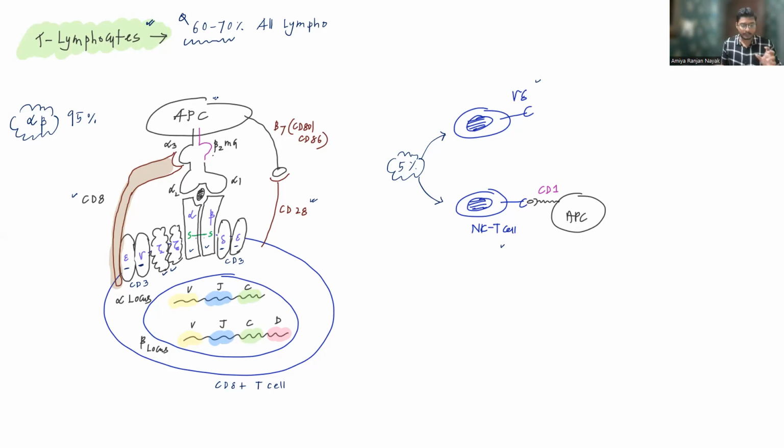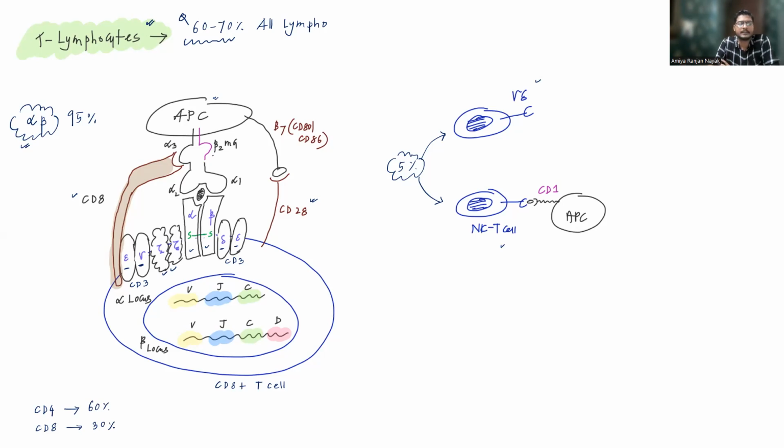And if you differentiate the CD4 and CD8 T cells, out of this 95% of alpha beta T cells, CD4 T cells are around 60% and CD8 positive T cells are around 30 to 35%. So 95% of the T cells in the peripheral circulation have alpha beta receptors.